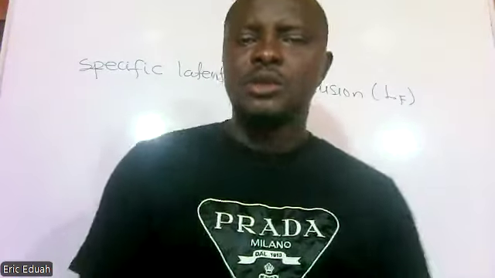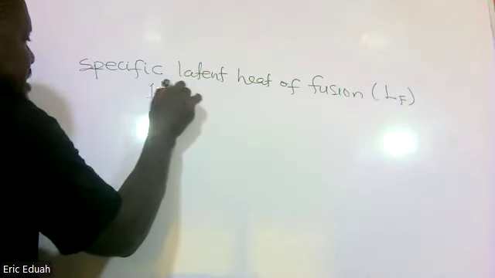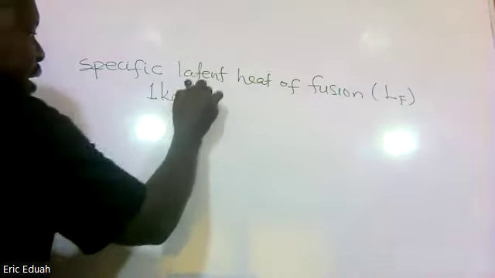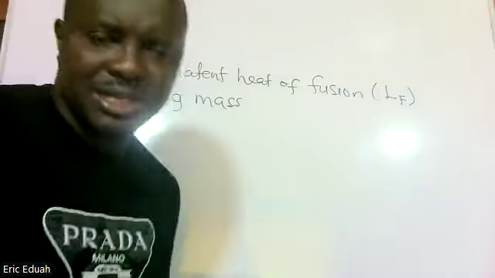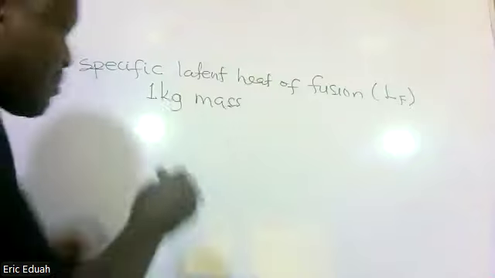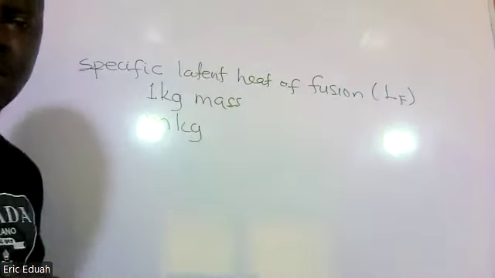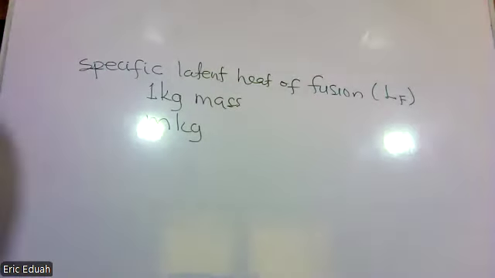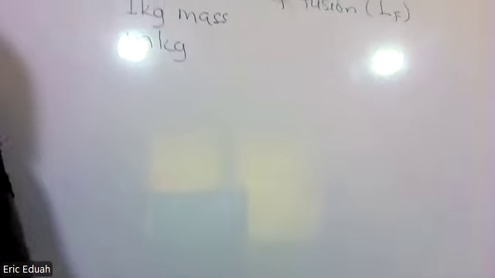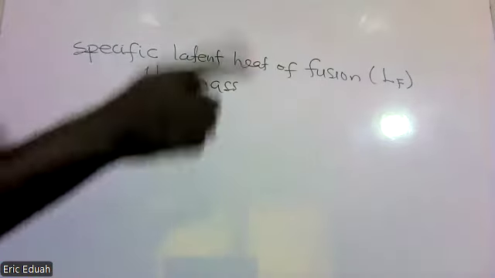So because we know the value for 1 kilogram mass, if I'm given any mass of the substance, maybe m kilogram mass, I can calculate the quantity of heat energy that must be absorbed to change state from solid to liquid.